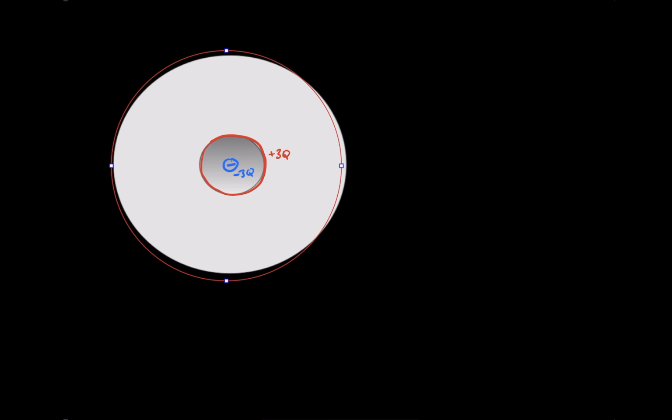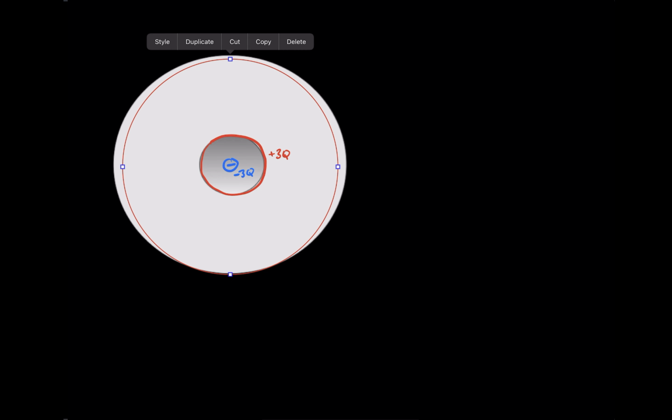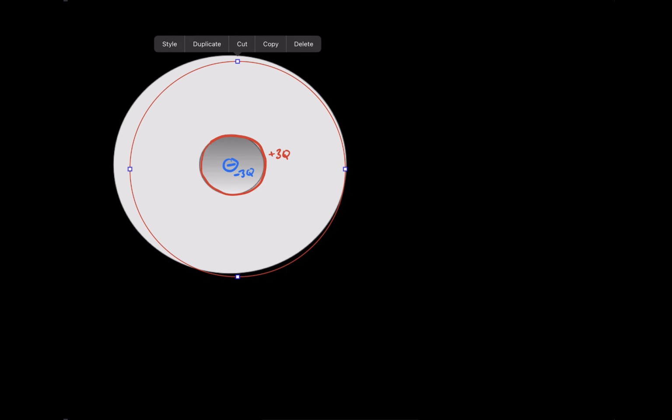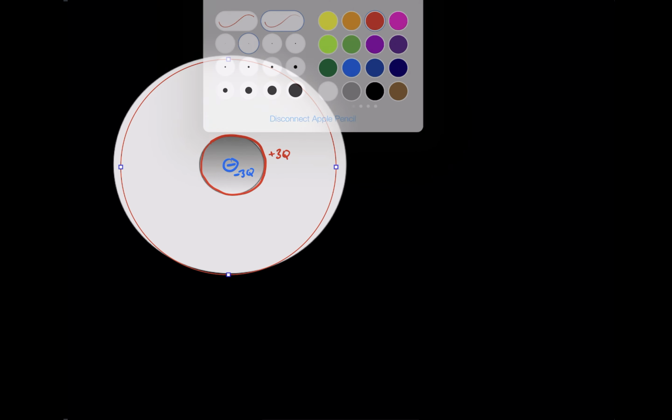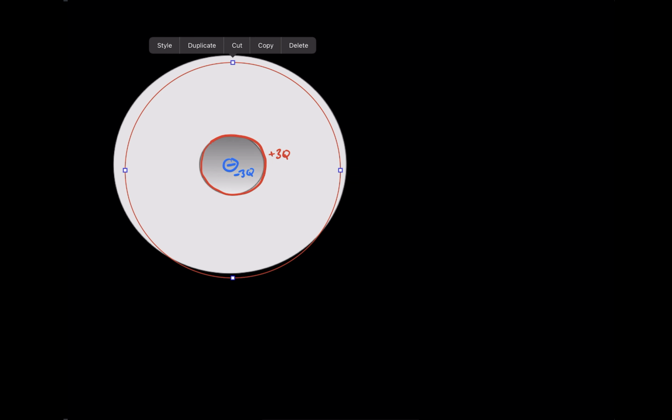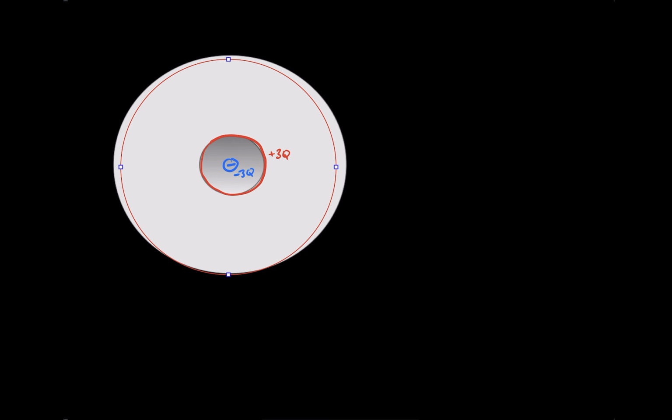Let's say we want to know the electric field everywhere in space using Gauss's law. Okay, so we'll start with r less than or equal to a. So that's inside here. So we draw a little Gaussian surface. Make it yellow. There's our little Gaussian sphere inside a.